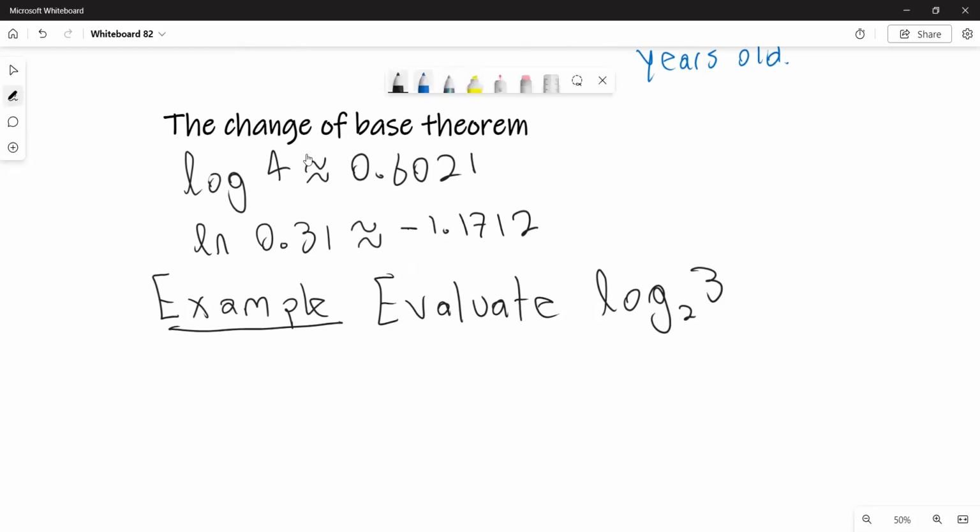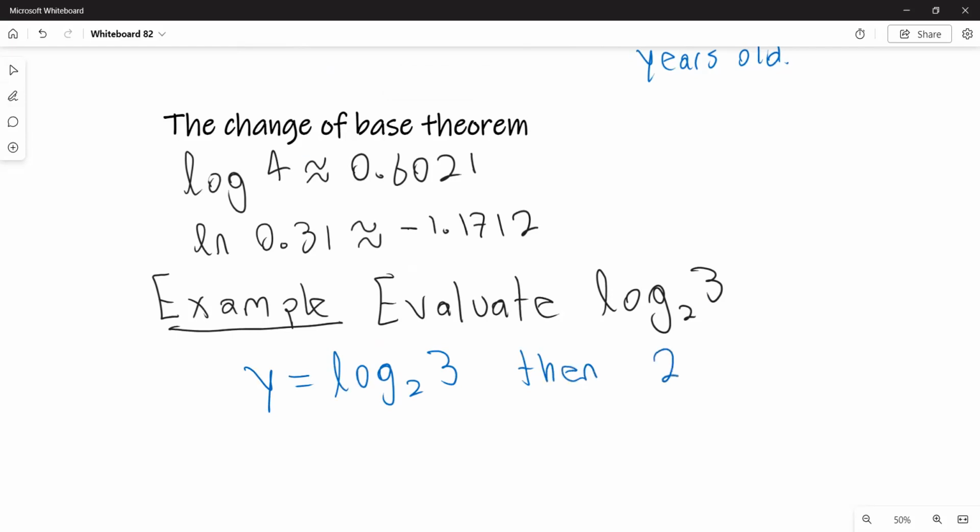So first I'm going to show you how to do this the long way, and then I'll give you a more direct formula. Let y be the logarithm with base 2 of 3. Then I know that 2 raised to the y power is equal to 3. So we take the natural logarithm on both sides.